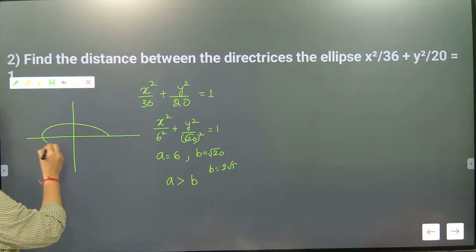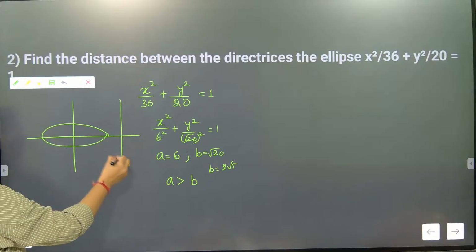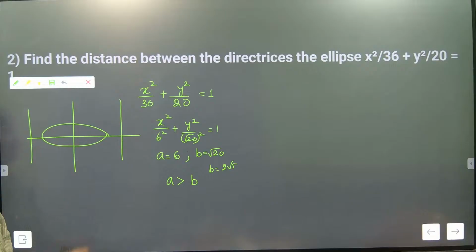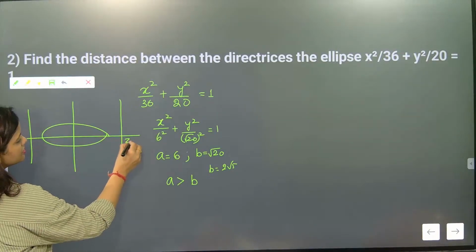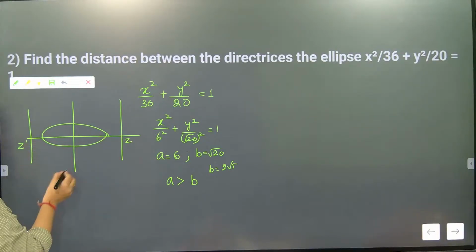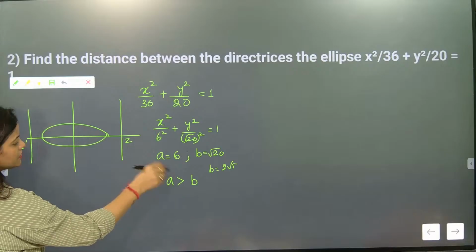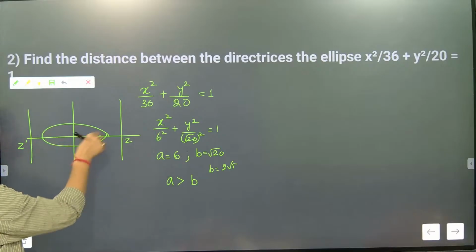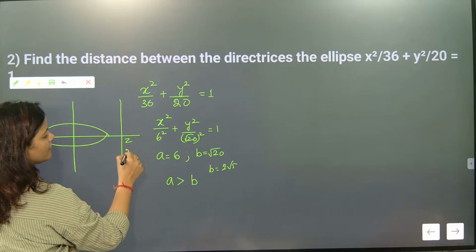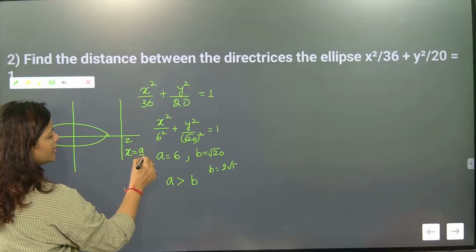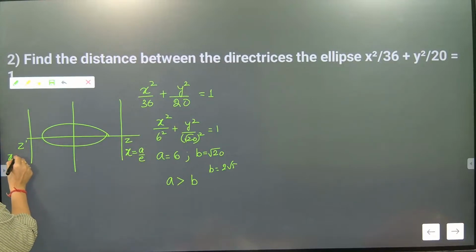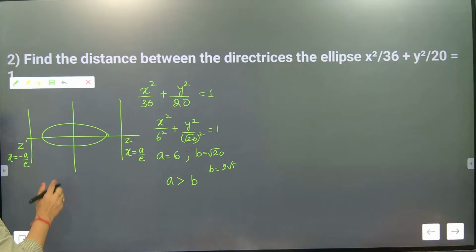and that is the distance between the directrices. So this is exactly the ellipse, and we have to find the distance between the directrices, Z and Z dash. Since a is resting, the major part of the ellipse is resting on the x-axis. So here it will become x equal to a by e, and this one x equal to minus a by e. Done. So what is the distance, beta?